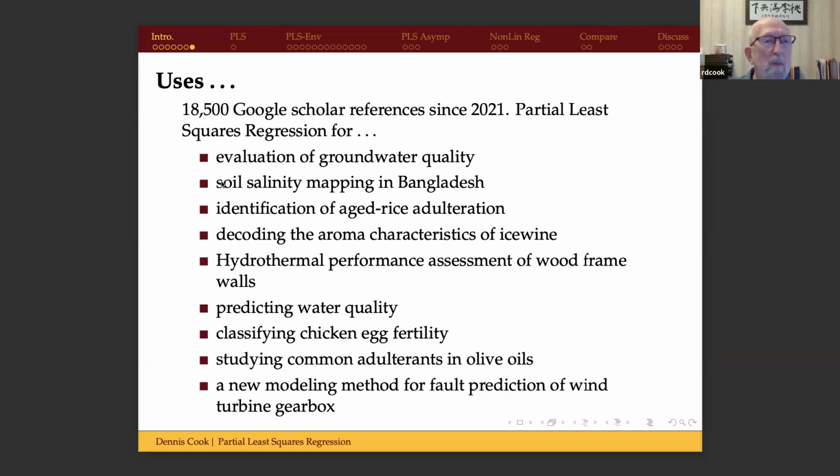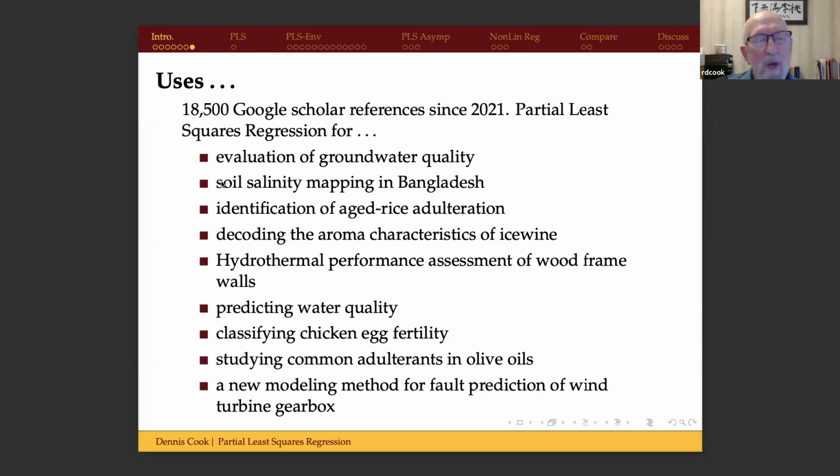So, some uses for partial least squares, just for the fun of it. I went to Google Scholar when I was preparing this talk and asked how many references there were since 2021, and there were 18,500 Google references in the last 4 years. That's a lot.